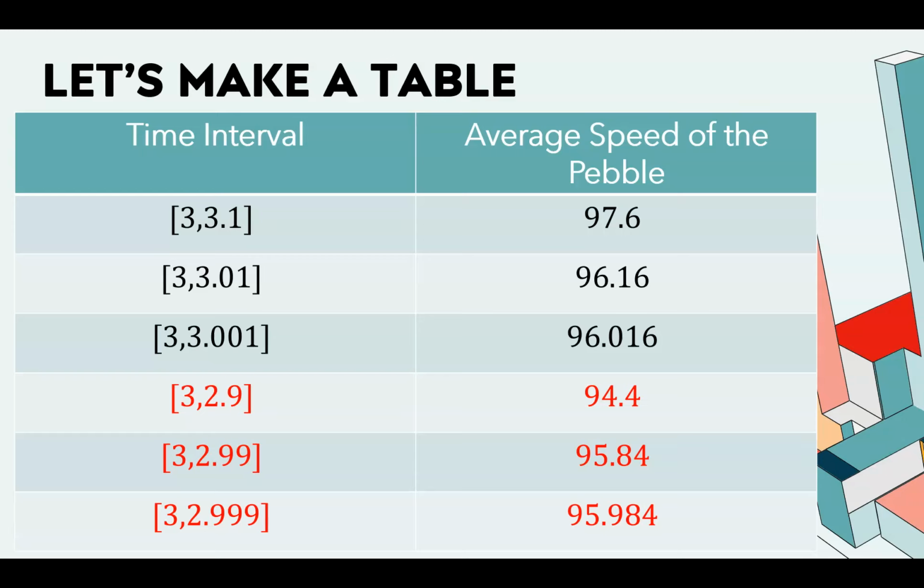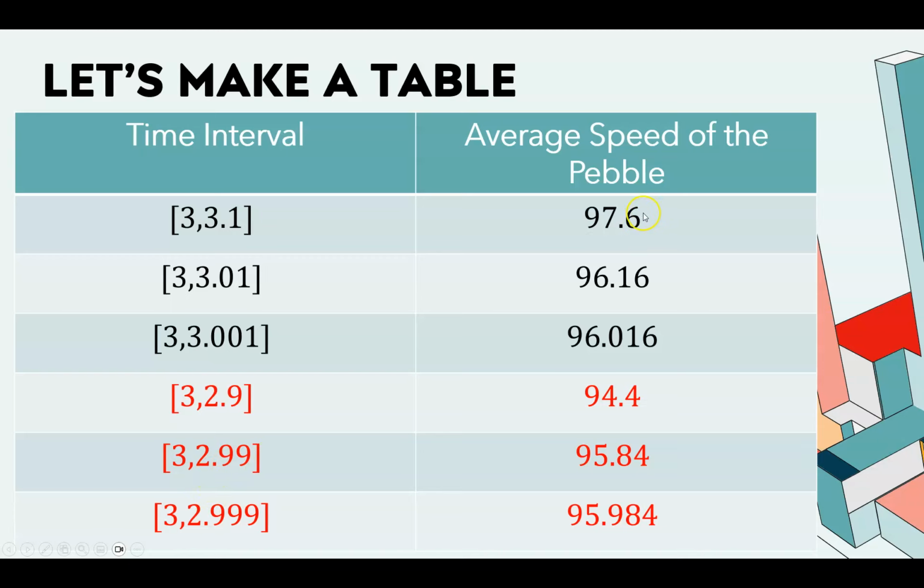Now, looking at a table of values, I repeated these time intervals where we were choosing 3 to a time just after 3. But if we're really doing a limit, we need a two-sided limit. So we would also compare time intervals 3 to a time just a little bit less than 3.